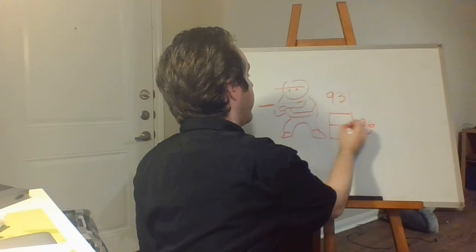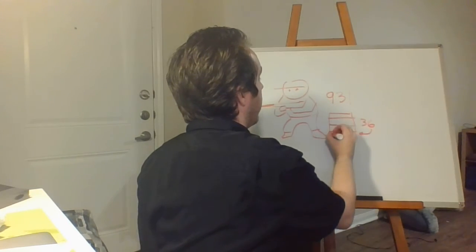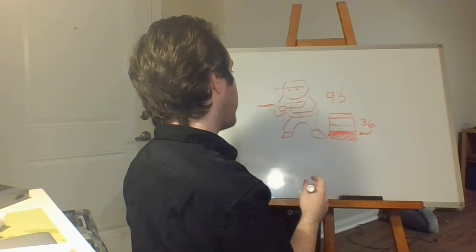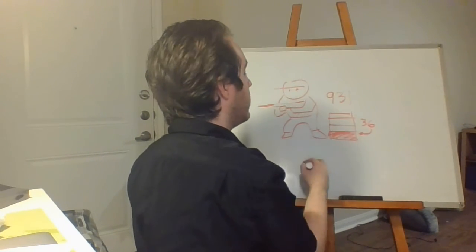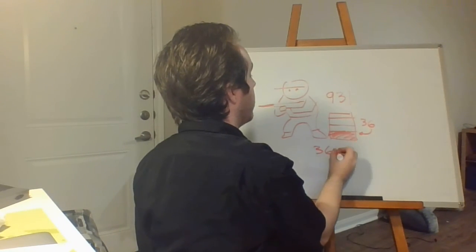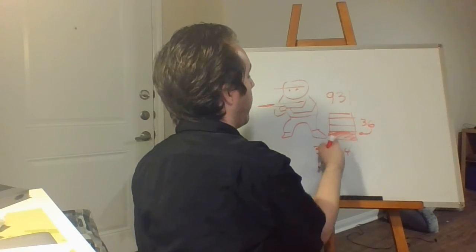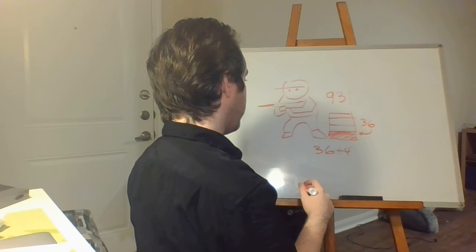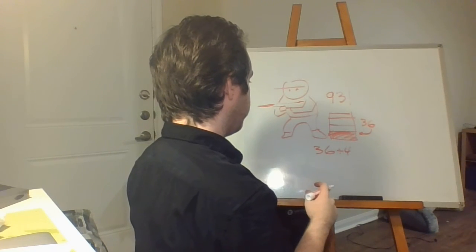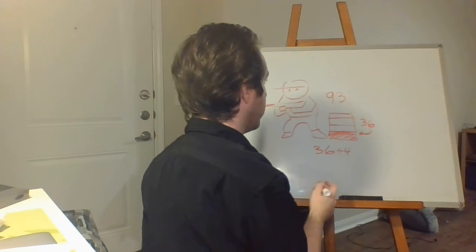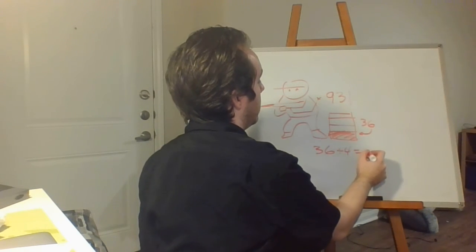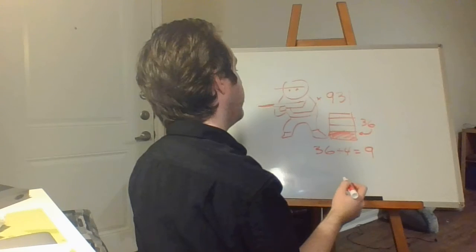Now, we know they fired only 1/4 of their rounds. So that means we can break my 36 into 4 pieces. That's to say 36 divided by 4. And one of those pieces will be the total number of rounds that each soldier fired. And that will equal 9.